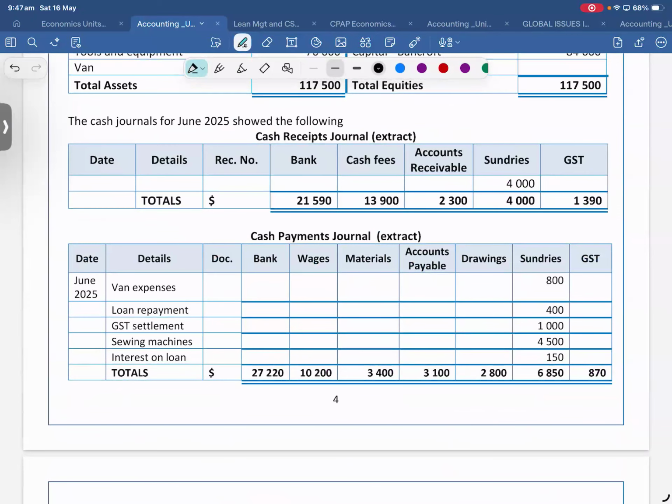Then drawings. Is it an expense? Drawings is when the owner withdraws business money for personal use. It's an outflow. Is it an expense? No. Which category is it in the cash flow? It's like taking money directly from the business.